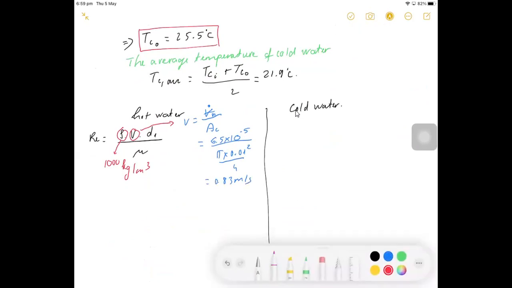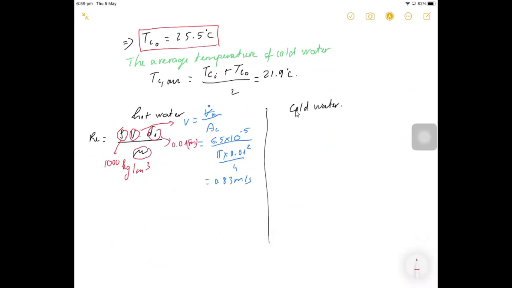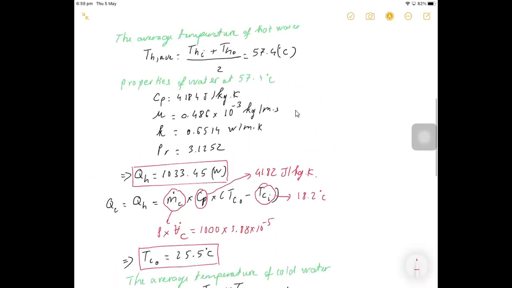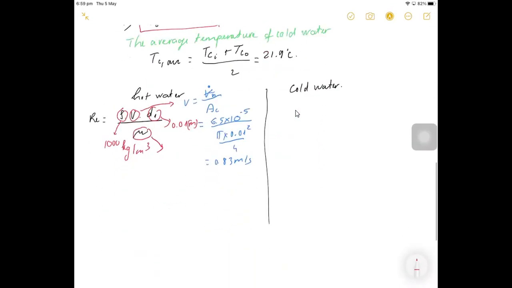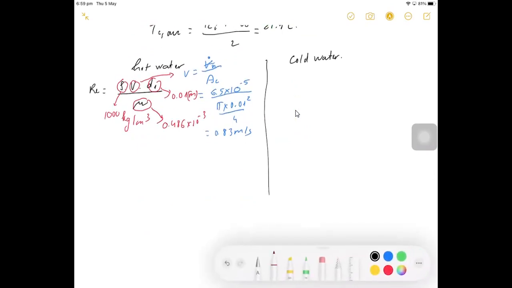D here is 0.01 meter, the inside diameter of the small tube. Viscosity we have is 0.486 times 10⁻³, right? So from this, we will have the Reynolds number here is 17029.